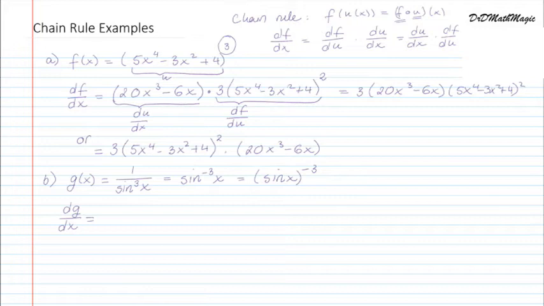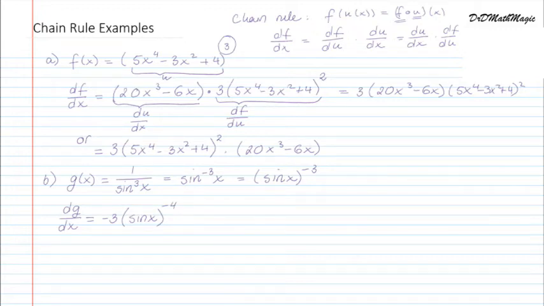So you can see that this function is again composed of two functions. One is sine x, and the other one is to the power of negative 3. So what is the derivative of something to the power of negative 3? It is negative 3 times something. What is my something? It's sine x to the power of negative 3 minus 1, which is negative 4.